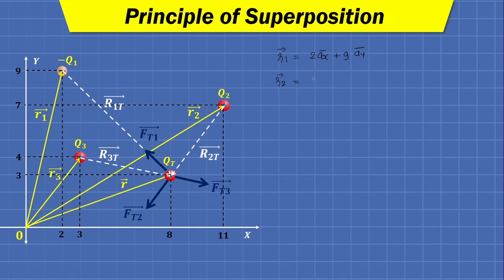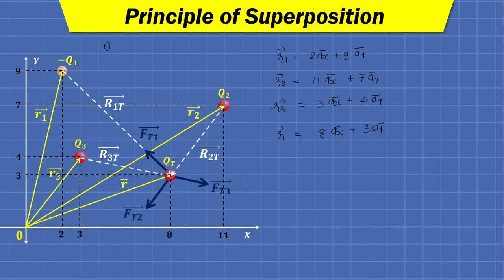So R2 bar can vectorially be represented as 11ax bar plus 7ay bar. R3 bar, that is the position vector of Q3, here is nothing but 3ax bar plus 4ay bar, and the position vector of our test charge, that is R bar, is equal to 8ax bar plus 3ay bar.